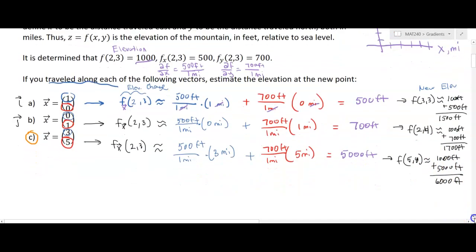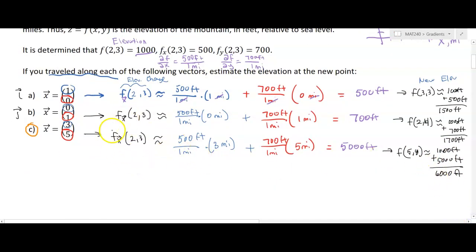Now, if this looks very, very familiar, it really should. We still have, if we kind of piecemeal this quantity here, f sub x at our starting point, which is (2, 3) in this example, multiplied by how much we stepped in that direction, plus the rate of change in the y direction, f sub y at the point (a, b), multiplied by our change in y.